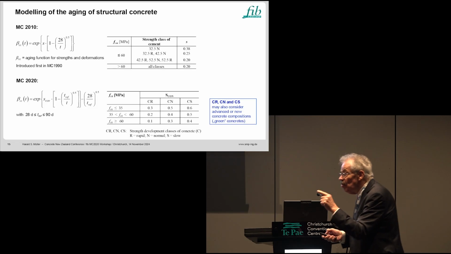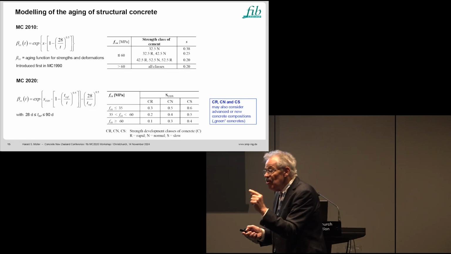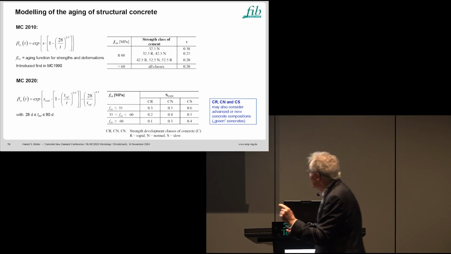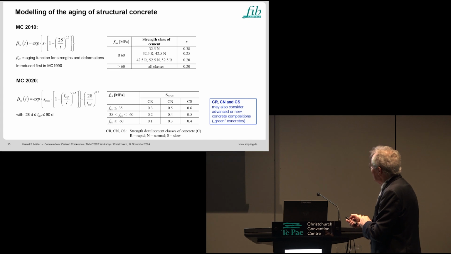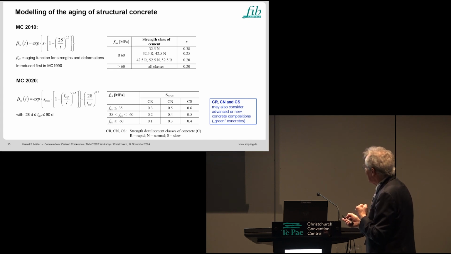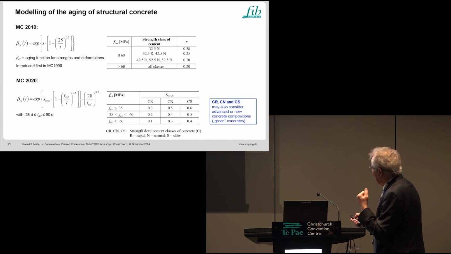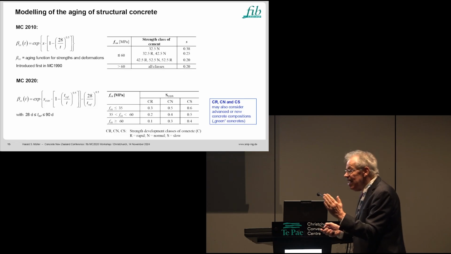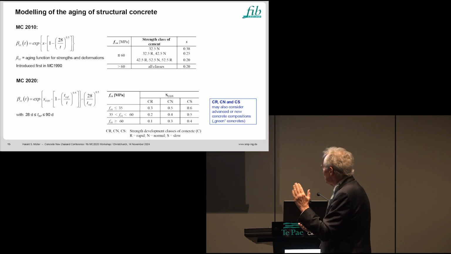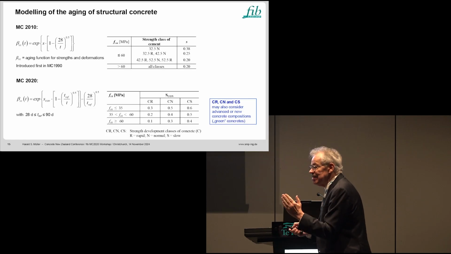We don't look only to the cement, we look to the concrete itself and its composition. And these strength development classes for the normal, rapid, and slowly hardening concretes are structured in a way that they may also consider further developments.